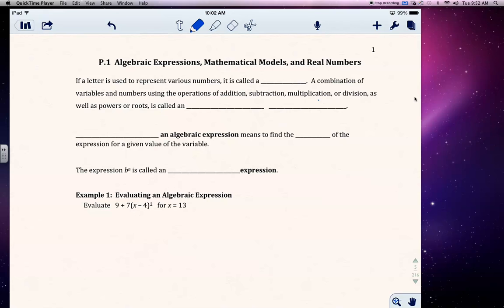This is section P.1, Algebraic Expressions, Mathematical Models, and Real Numbers. If a letter is used to represent various numbers, it is called a variable. A combination of variables and numbers using the operations of addition, subtraction, multiplication or division, as well as powers or roots, is called an algebraic expression.